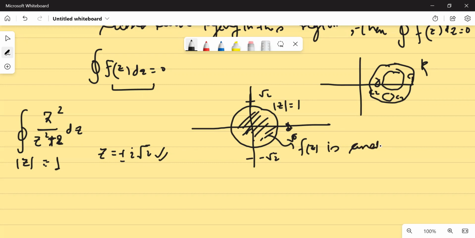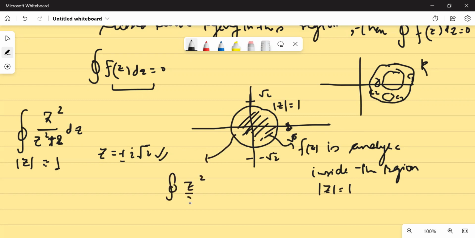So f(z) is analytic inside the region mod z equal to 1. Yes or no? Since it is analytic, therefore the integration of z square upon z square plus 2 dz would obviously give you 0.